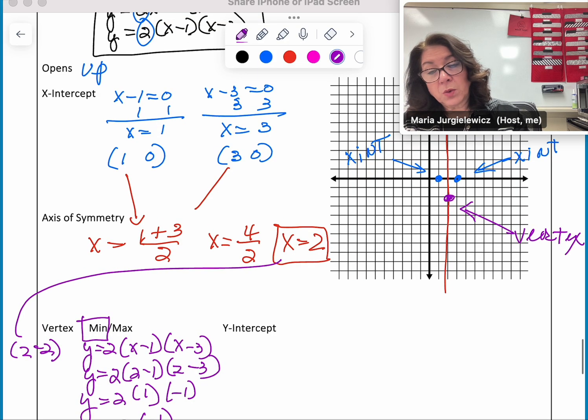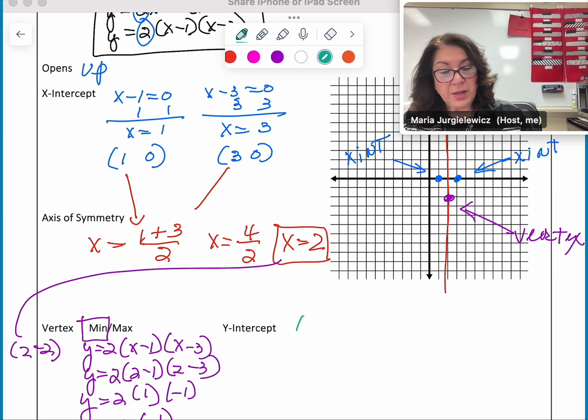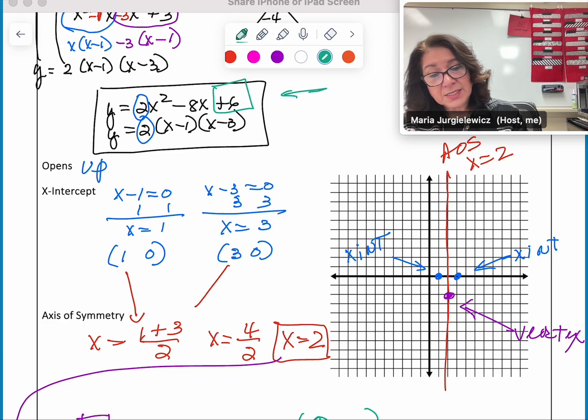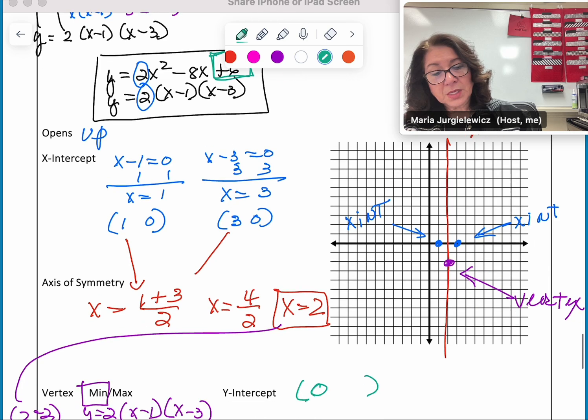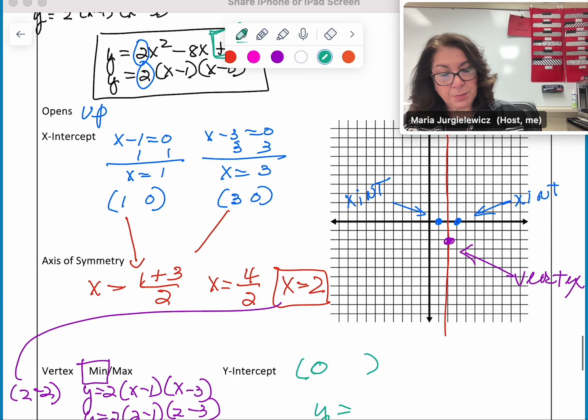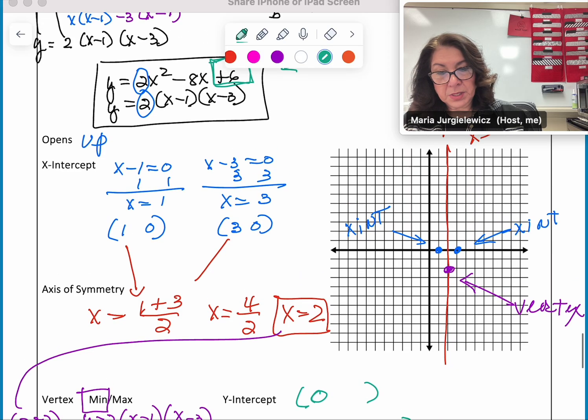And now for the y-intercept. That y-intercept, the x value will always be 0. I could plug it in and solve it, but I don't need to do that. I'm going to look at that top equation, and there's my c value right there. Let me copy it: 2x squared minus 8x, is it plus 6?